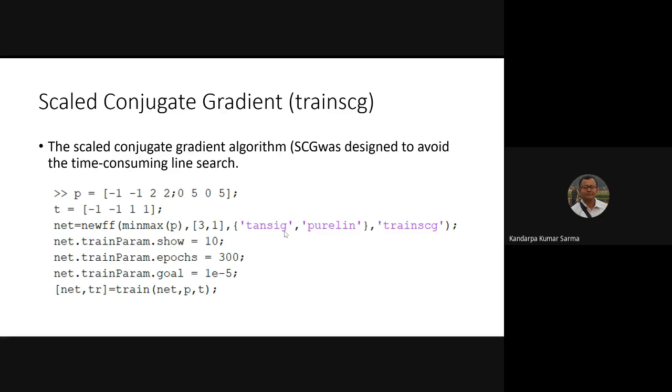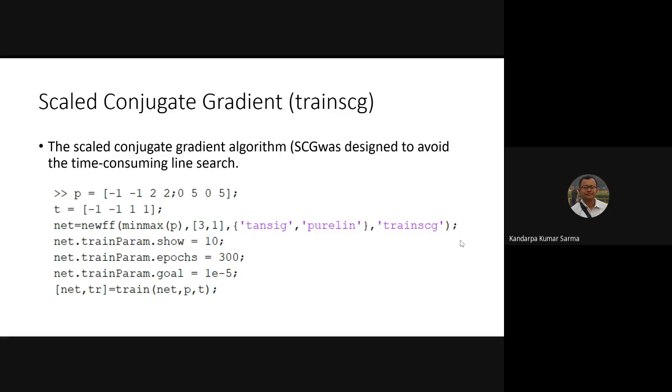So much of the time taken previously in the line searches for different parameters are now skipped or are not required, and it is found to be one of the more popular scale conjugate gradient functions, and these are used more nowadays with the training of the deep neural networks.